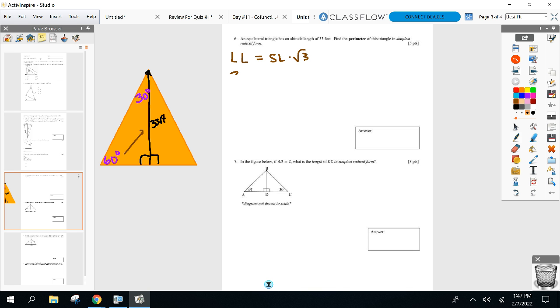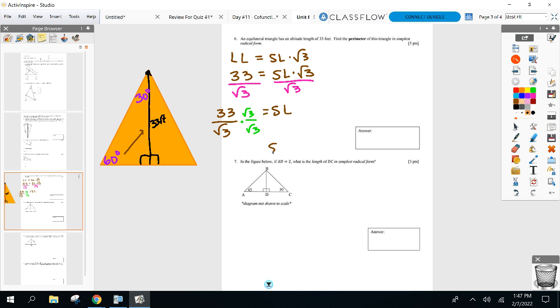Let me plug in 33 for the longer leg. If I want to get the radical 3 out of there, I divide. So the shorter leg will be equal to 33 divided by the square root of 3, but we can't have a radical in the denominator. So to get rid of it, I multiply top and bottom by radical 3.